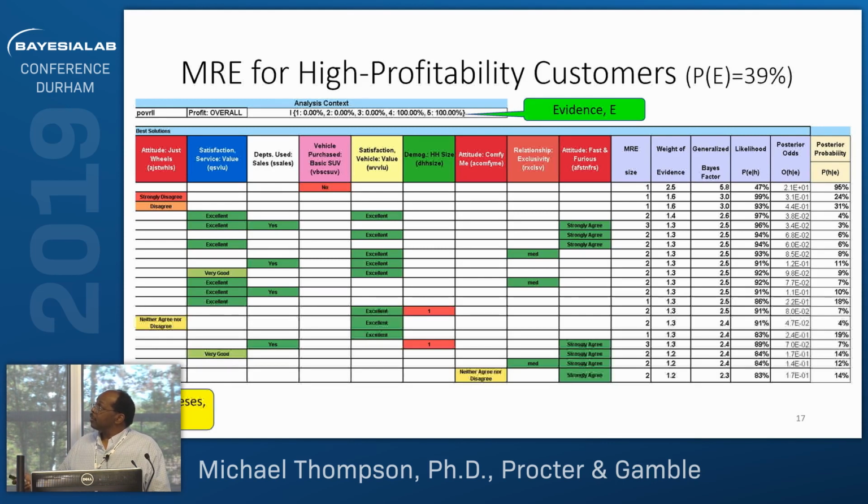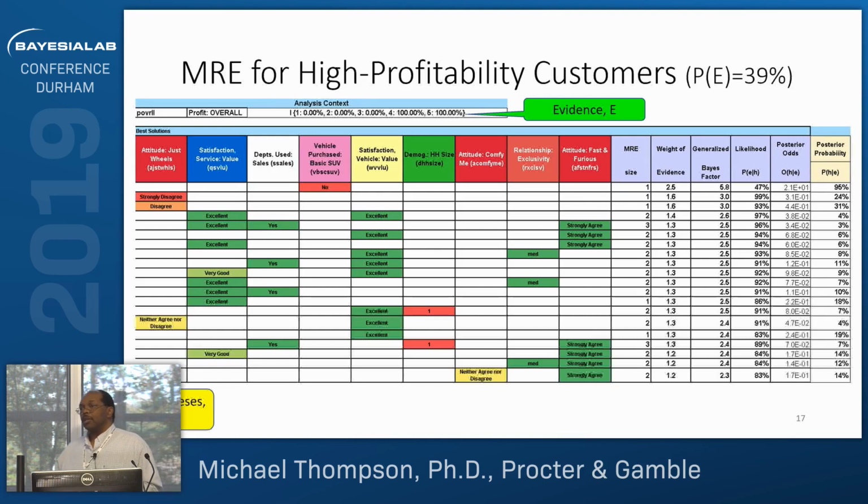The weight of evidence is the log of the generalized Bayes factor, which is reported here. And since the generalized Bayes factor is made up of a likelihood and the posterior odds, BayesiaLab also reports that information just so you can see.